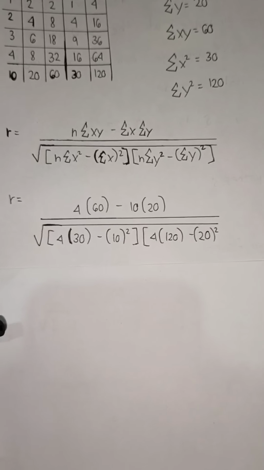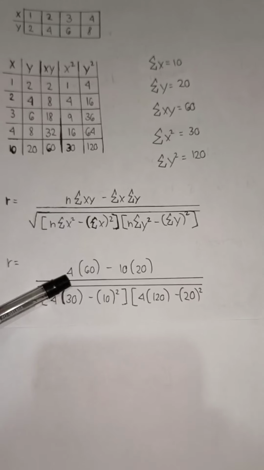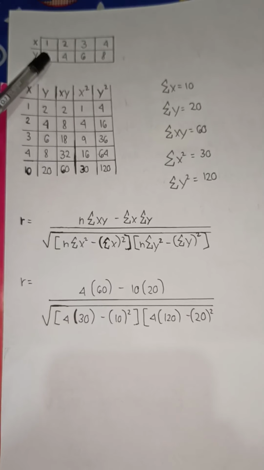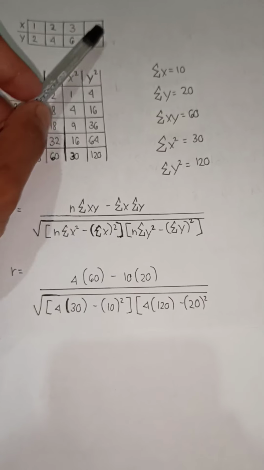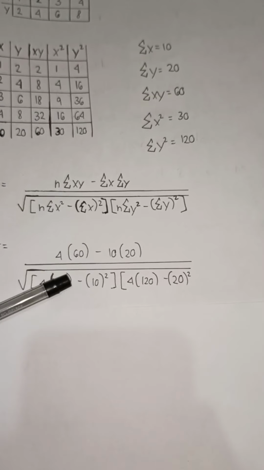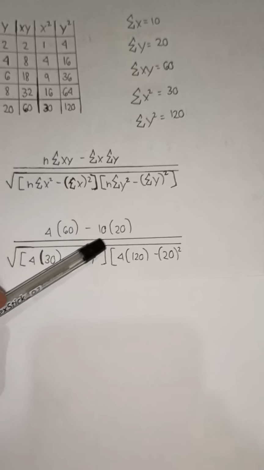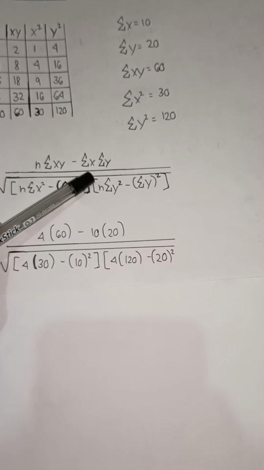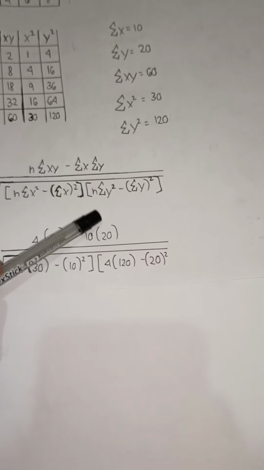Then we will plug in the values here. n is equal to 4 because we have 1, 2, 3, 4. The sum of xy is 60, minus 10, which is the sum of x, and the sum of y is equal to 20.